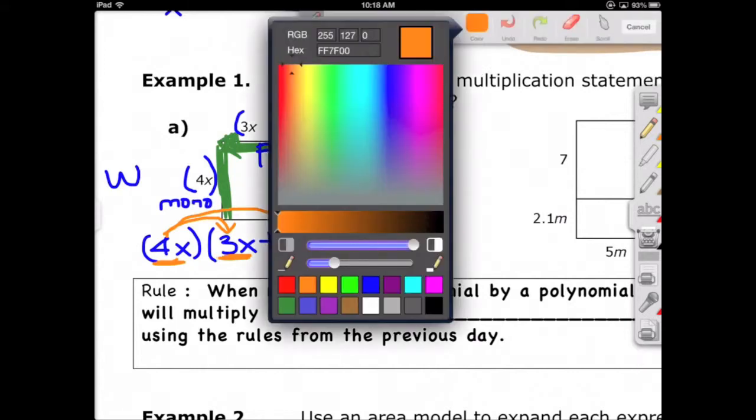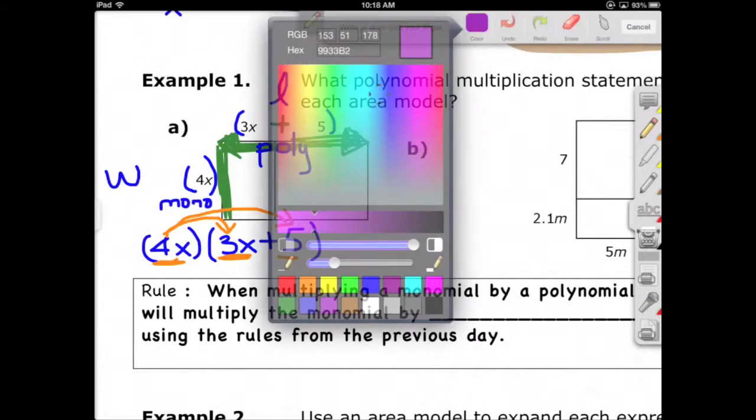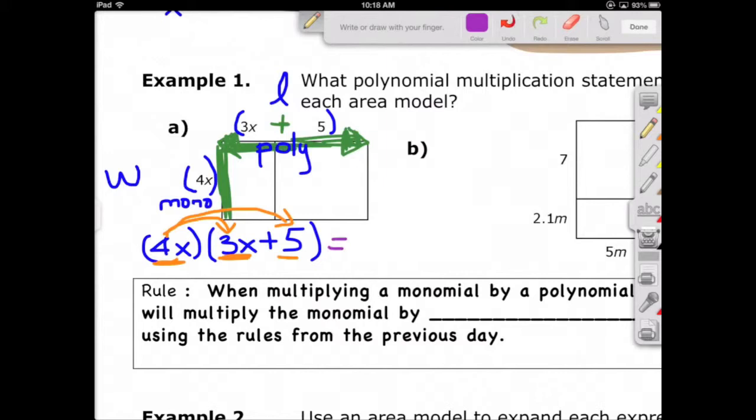Alright, choose a different color now. Let's go with, say, purple. Your answer is going to be 4 times 3, which is 12, and x times x, applying our exponent rules, 12x squared. Now when we go to our second procedure, remember that it's 4 times positive 5. It's important.